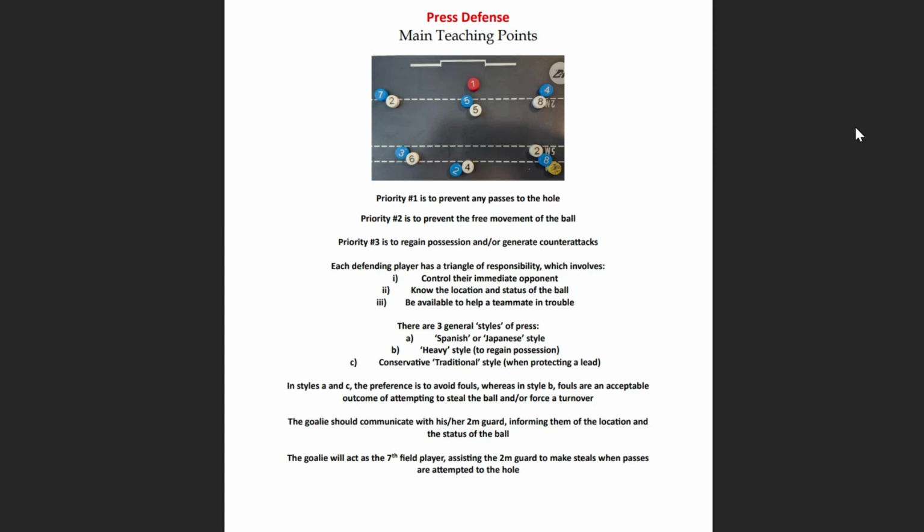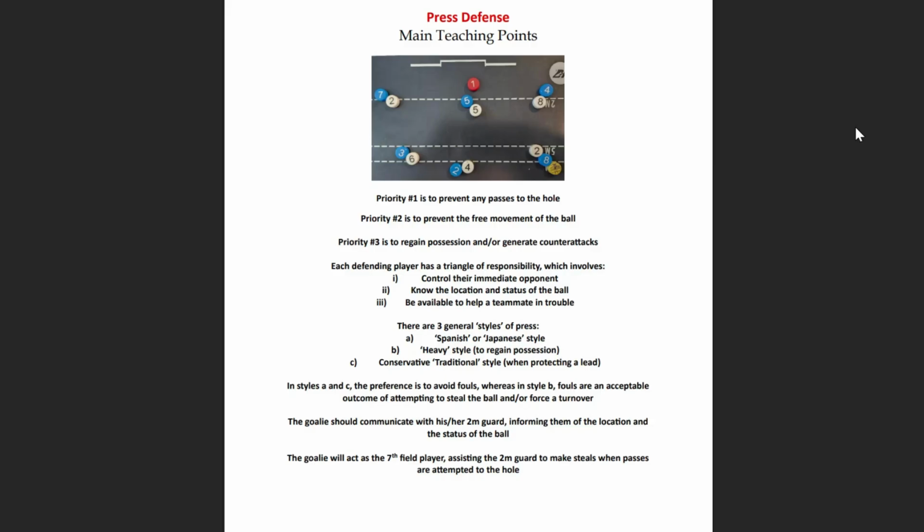So the goalkeeper should be in a position to provide very valuable information about whether or not the ball can move or can't move, because there are opportunities, therefore, for the 2-meter guard to avoid getting into a penalty situation by being too heavy or trying to recover too quickly in the case of a loss of a position or something.